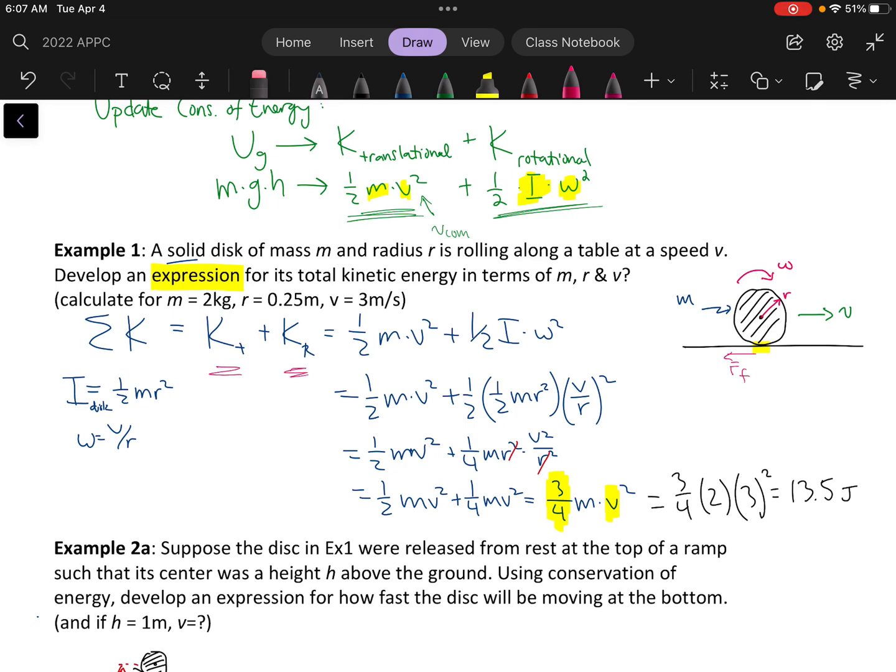And in this case, if it's a solid disk, we use rotational inertia of 1/2 mr squared. We'd also have to use the conversion factor that angular velocity is your linear velocity divided by radius. Once we make those substitutions into the equation that we defined up above, we can simplify this down and get an equation for the total kinetic energy.